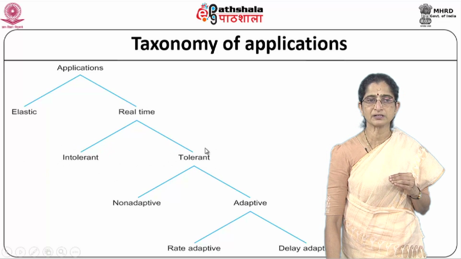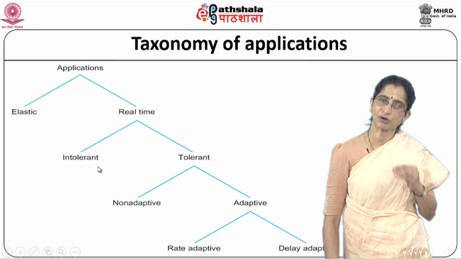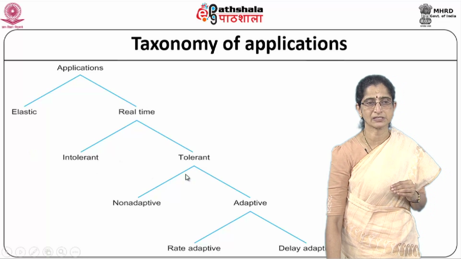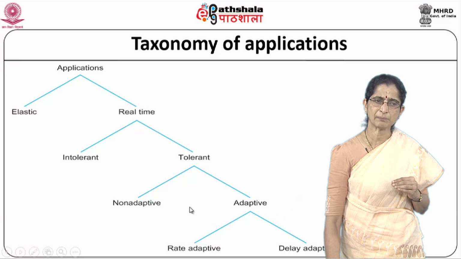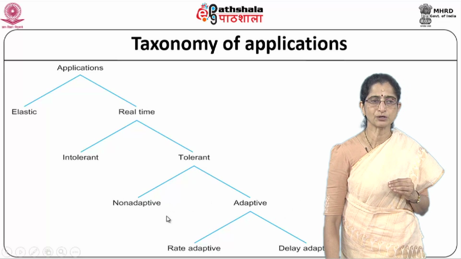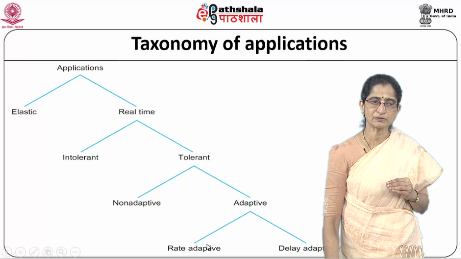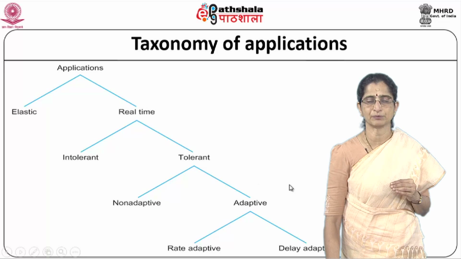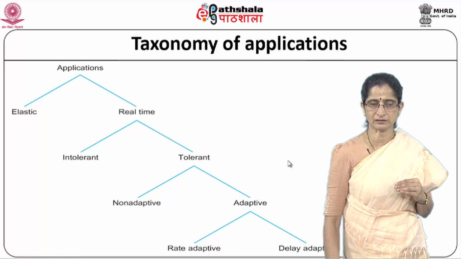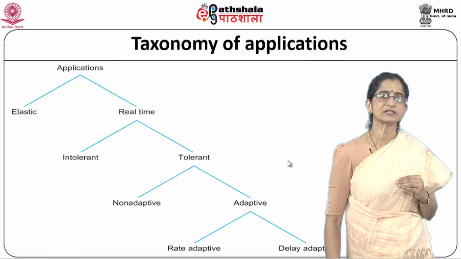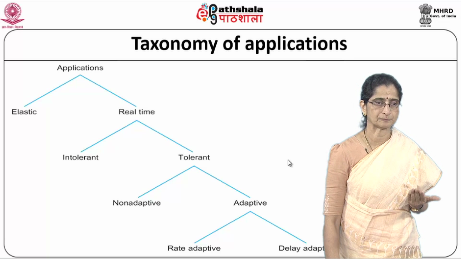For instance, if you say loss tolerant, it can tolerate some amount of loss, and there are applications which cannot tolerate it at all, so they are intolerant applications. Under tolerant applications we can look at some applications which are adaptive and then non-adaptive. When we talk about adaptive, it could be in terms of whether it is delay adaptive or rate adaptive, that is, what it can adapt to. So you can see a class of different types of applications, and each of these requires different qualities of service. Their requirements from the network are different.